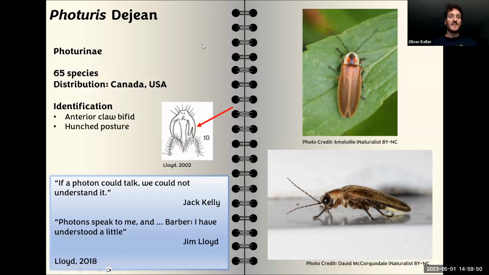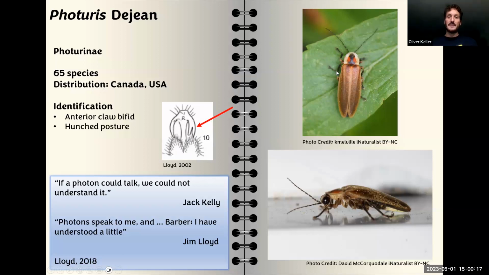To identify them, this one only has the claw on one side bifid, very distinctly bifid, because there's another genus later that has something very similar, but this one is very distinct bifid or cleft. And here on the bottom right, you can see how this hunched position looks. The shoulders up here, just before the head shield, are elevated, and it kind of looks hunched over.